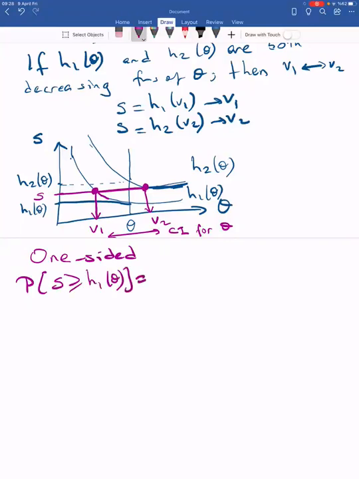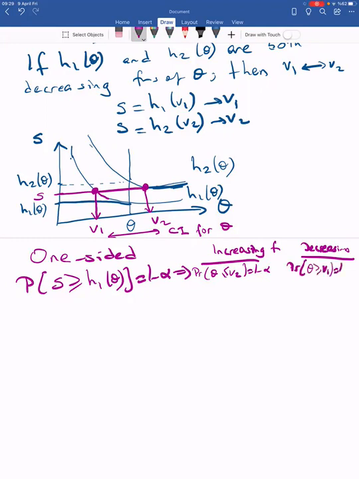When we start from here, what do we end up with? It depends on whether our h function is an increasing or a decreasing function. So the probability that theta is below v2 is 1 minus alpha. From the lower bound of S, we get the upper bound for theta. And if it is a decreasing function, it is the reverse: we get the lower bound.